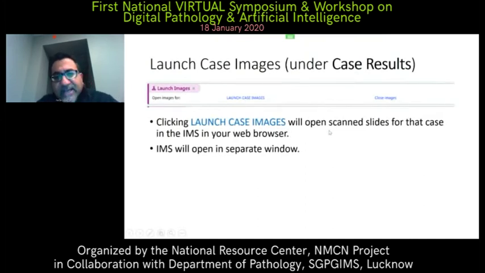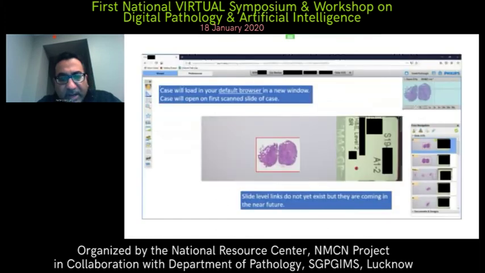As I move to the next case, the next image launches for the next set of cases. So cases will load in my default browser, which is Chrome, and they open in a new window. And as I look through the case, it goes to the first scan slide of the case.